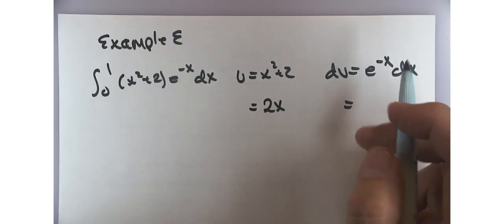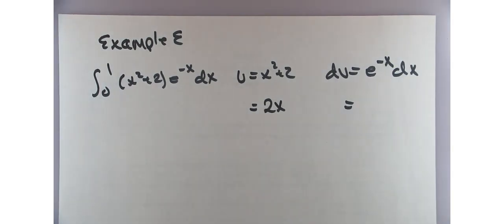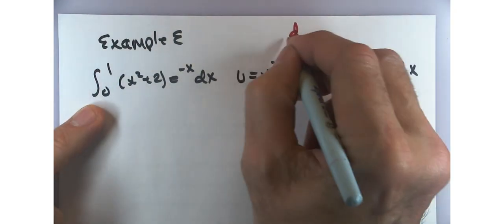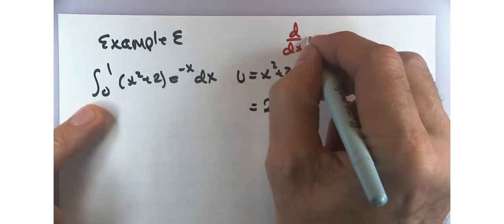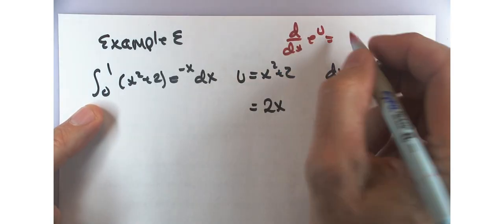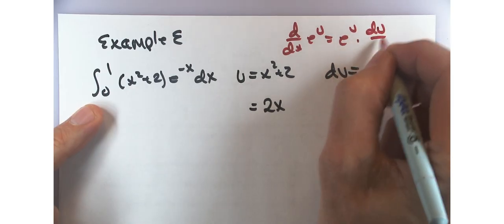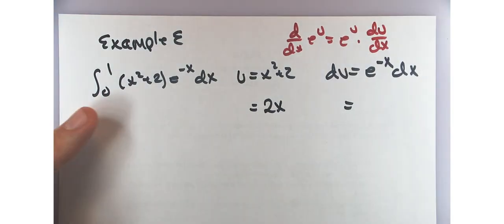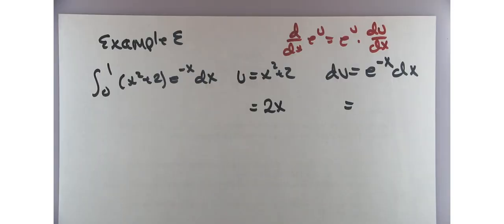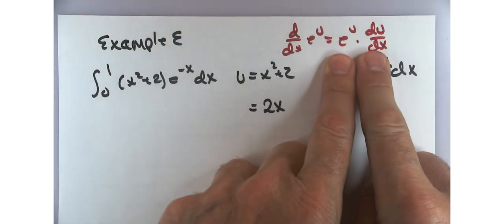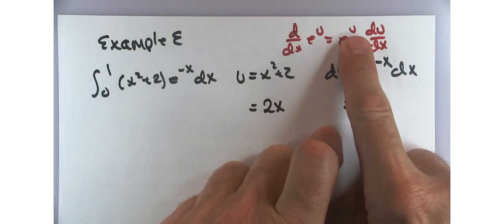A quick reminder: the derivative with respect to x of e to the u is just e to the u times the derivative of the exponent. So when you differentiate this, you're going to have to multiply by the derivative of the exponent.